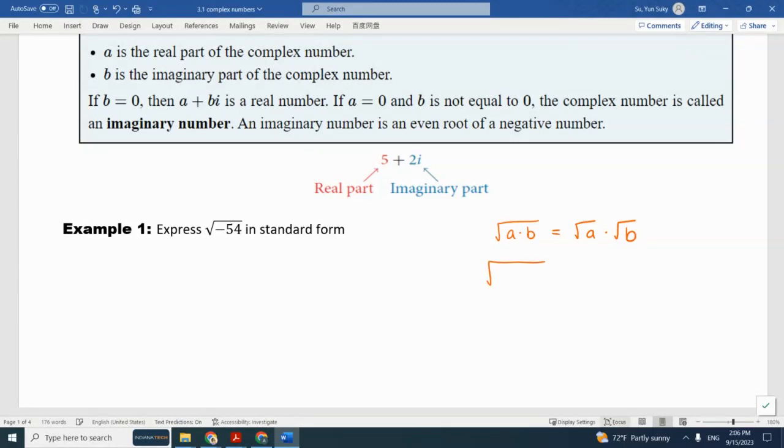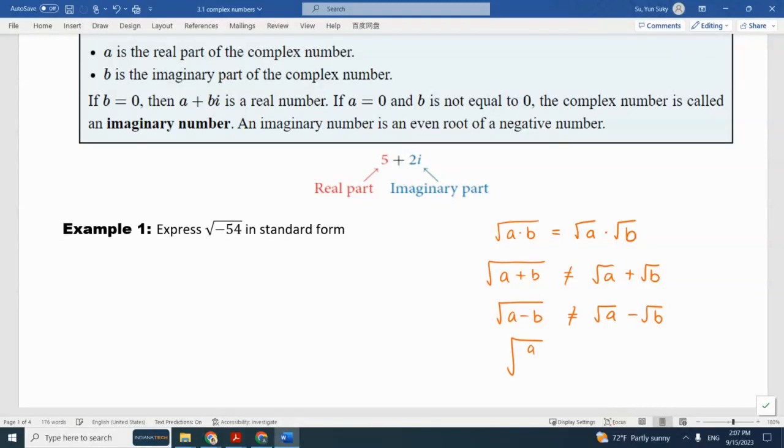Be careful. Square root of a plus b, is this equal to square root of a plus square root of b? No, this is not true. Don't ever do that. When you have the square root of a sum, you cannot split it. How about a difference? Is it equal to square root of a minus square root of b?